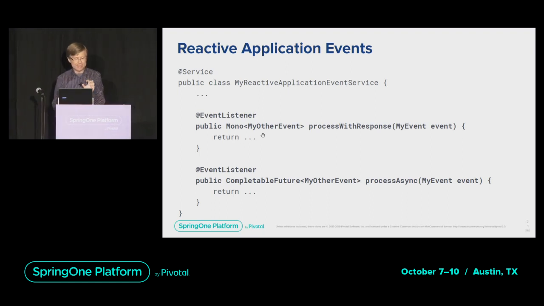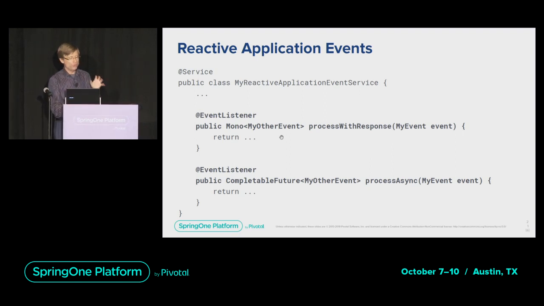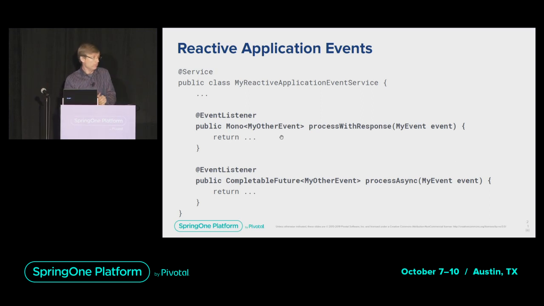So this is also a very fine-grained use of reactive programming. You may choose to use it for certain event listeners only, or in a completely reactive architecture, you might, of course, design all your event listeners along the same style if you choose to do so.